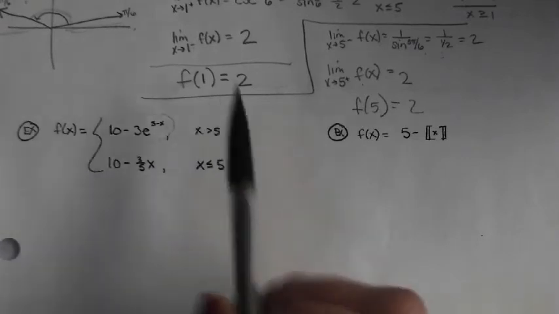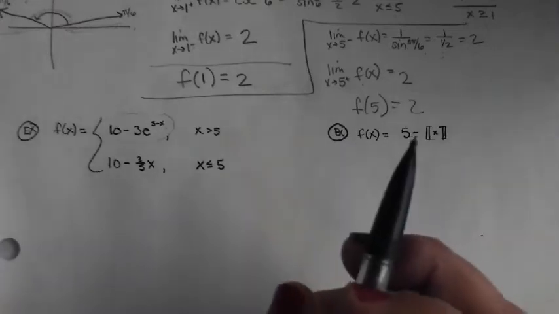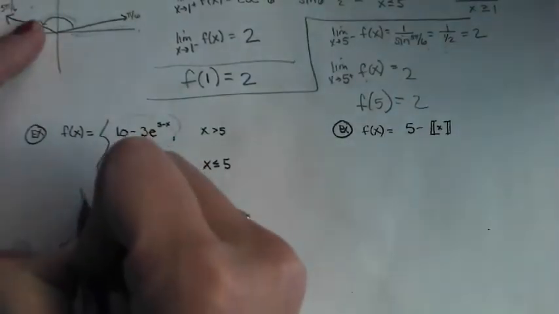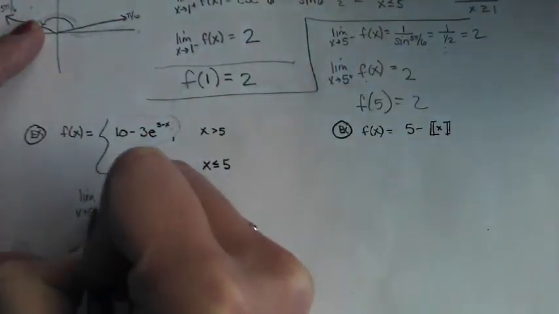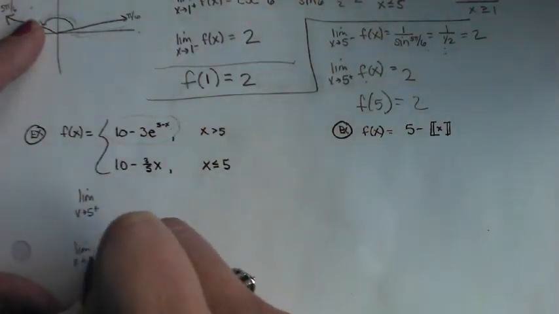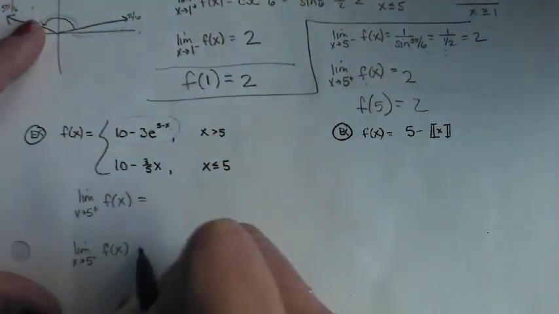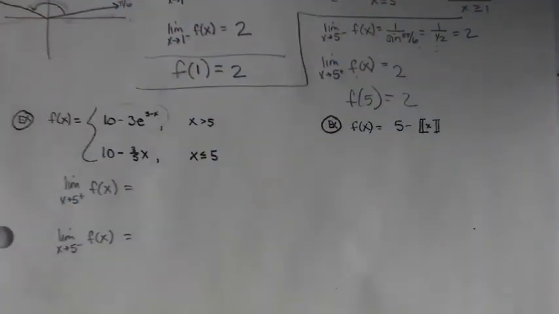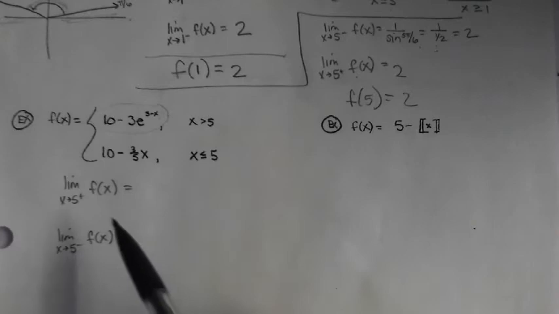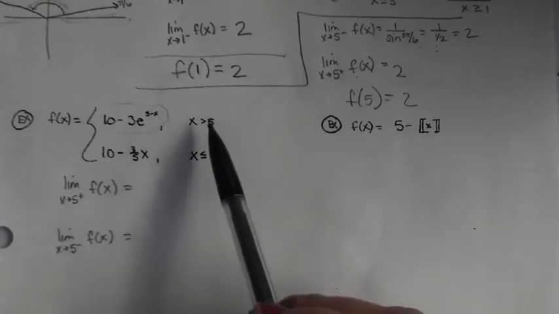So with a piecewise function, it's the point of transition that's worth considering. So the limit as we approach 5 from the right, and the limit as we approach 5 from the left. Before we can talk about continuity, let's see if the limit even exists. So 5 from the right is the top equation.